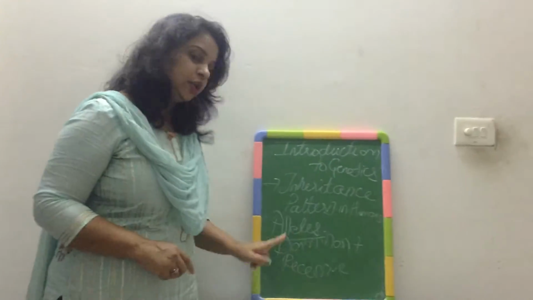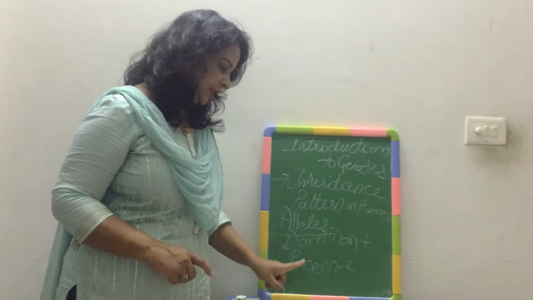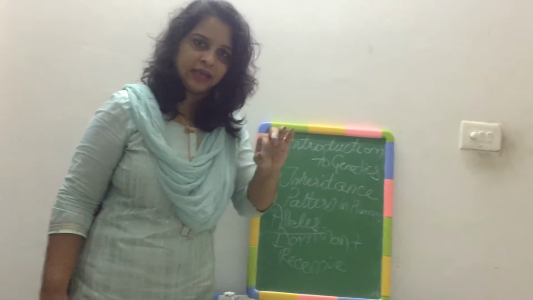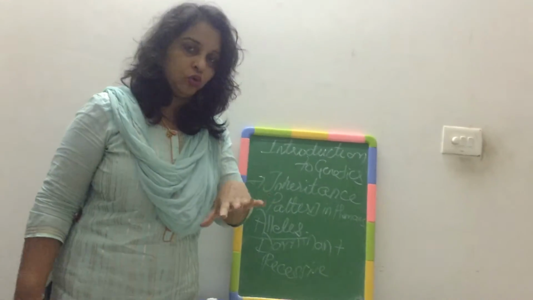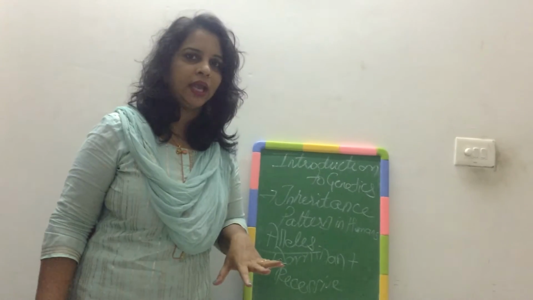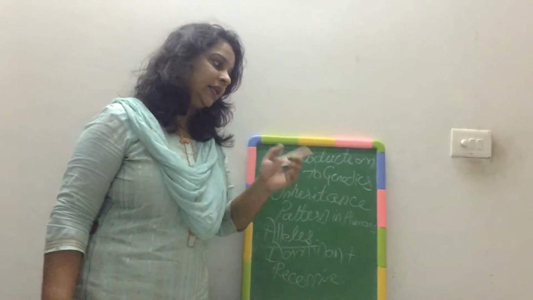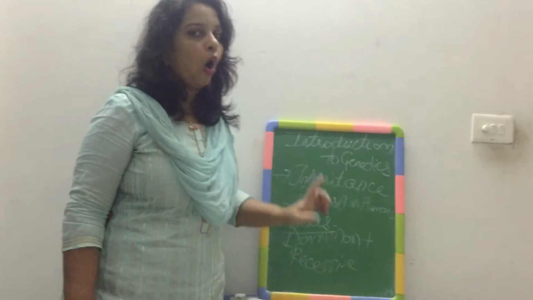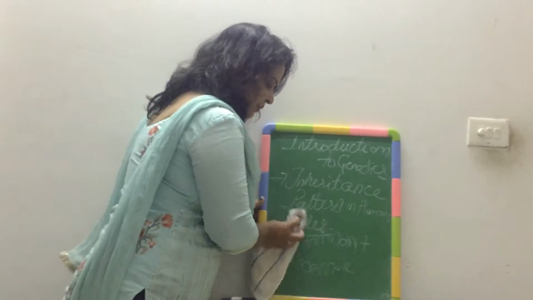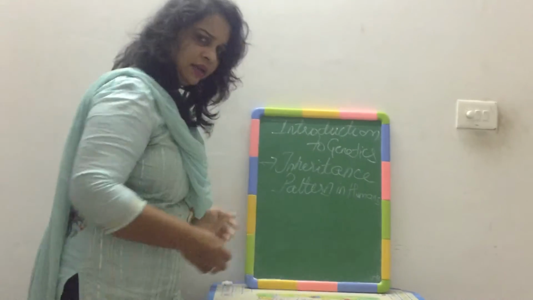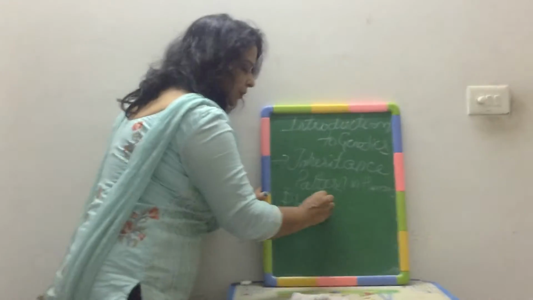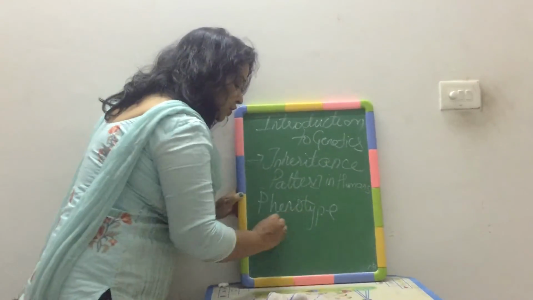Every individual has a pair of chromosomes on which these alleles are present, but an allele may be either dominant or recessive. Related to alleles are phenotype and genotype.